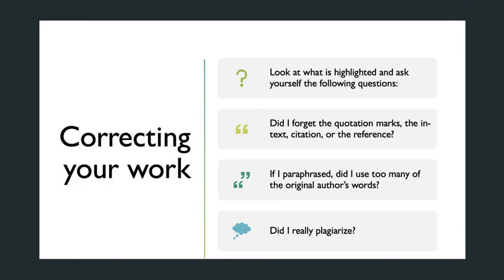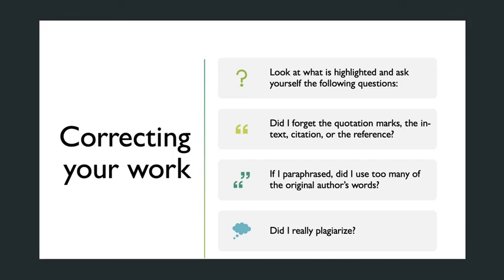However, if the majority of your sentence is highlighted, you need to go back and look for your errors. So it's not necessarily the percentage that is the indication of where your work is unoriginal, but the number of words in a sentence that are highlighted that tell you whether you've plagiarized or not.